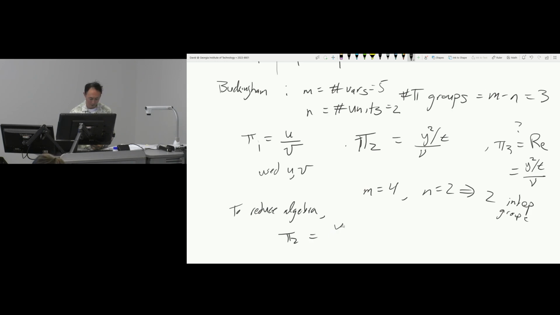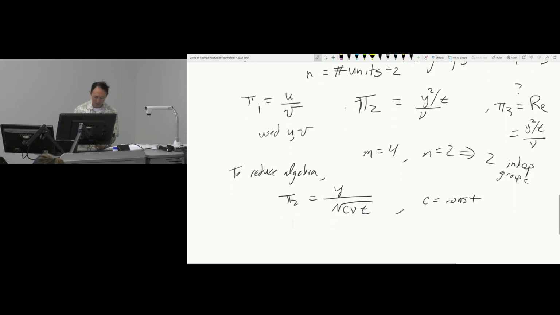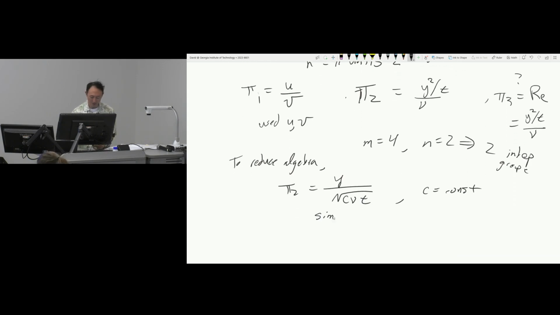So it's going to look like this, where we have c as a constant. And clearly, if pi 2 is dimensionless, taking the square root of it is going to be dimensionless too. And this is called the similarity variable. Okay. Similarity variable.